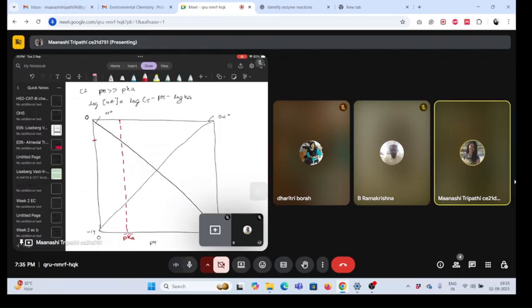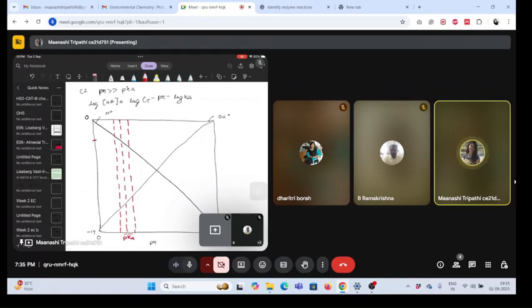We have to make two more lines. You have to see the derivation only once. After that, you will be able to do it on your own.